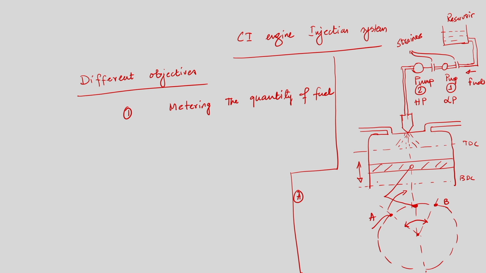Now, the fuel injection starts at point A, and injection continues until the piston traverses back from TDC towards BDC during the expansion stroke, and that is why fuel injection continues in this region, and B is where fuel injection stops.